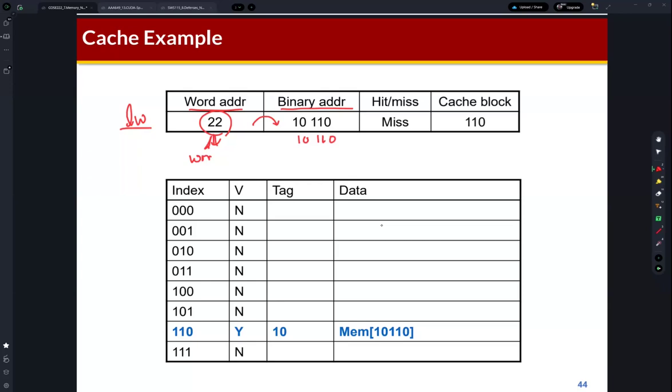This is not the real address. The byte address is 4 times the word address. So load word tries to access the data at word address 22.